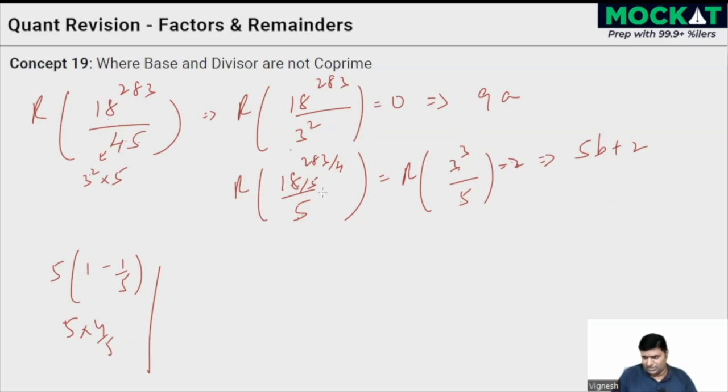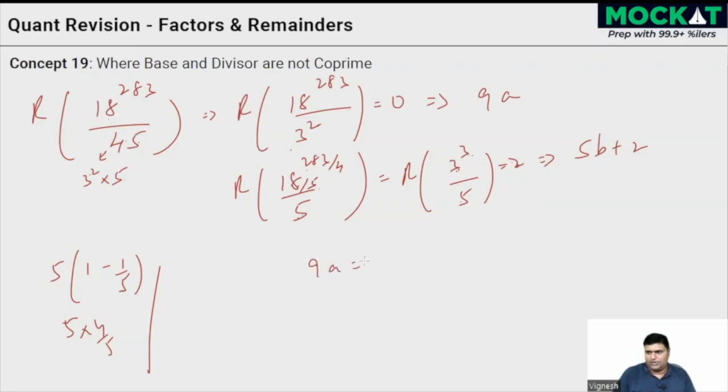Let me just quickly make sure there's no mistake. 18 by 5, 3, fine. The power over here is 283, yeah, that's fine. And so we get 3 power 3, which is 27 by 5, which comes to 2. So it's going to be 5b plus 2.